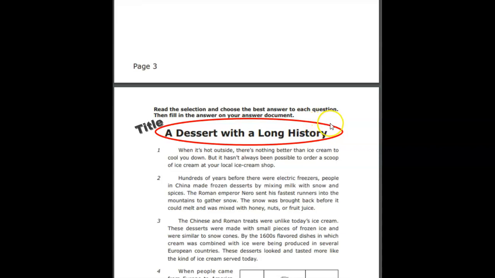Well, I think author's purpose is to inform about ice cream. Just based on my skimming, I do think we're going to talk about ice cream, so I'm going to jot that down right up here. All right, this is the first step in TRAP, so let's go towards a review.